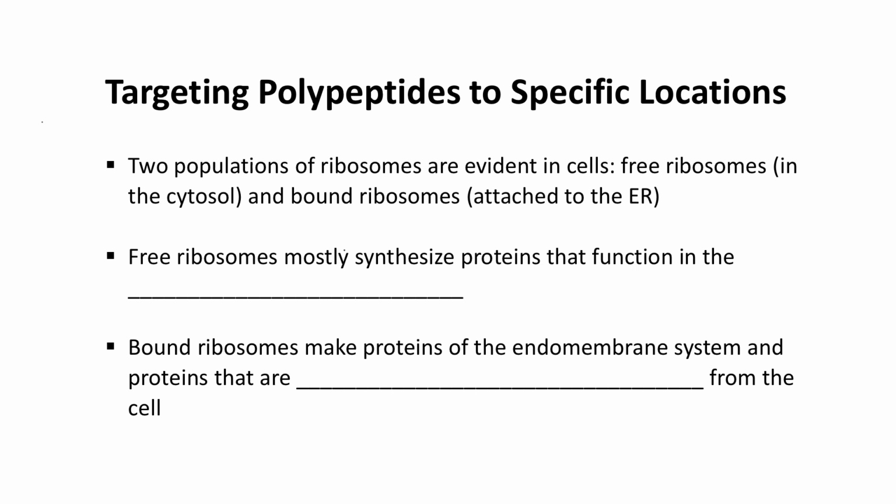Free ribosomes are going to mostly synthesize proteins that function in the cytosol or the cytoplasm, while those ribosomes that are bound to the rough endoplasmic reticulum are going to make proteins of the endomembrane system and proteins that are secreted from the cell. So the endomembrane system includes the rough endoplasmic reticulum and the Golgi apparatus. Both of these things would be needed in order to secrete these proteins from the cell.